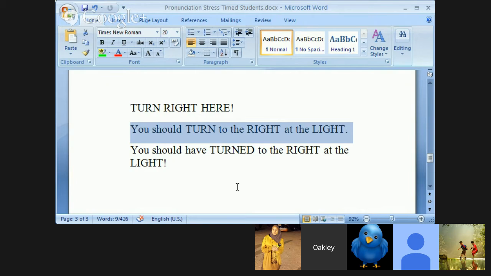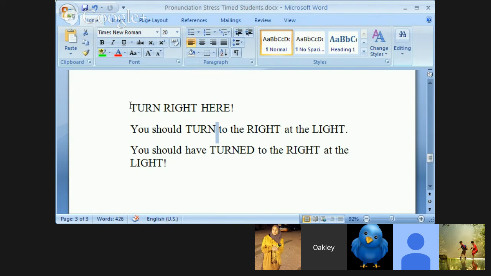You should turn to the right at the light. Okay, that's good. Oh, you've got the idea, you really do. I was very closely joining these function words to the content words. I can clearly hear it. She's also trying as best she can to reduce these function words. You obviously have the concept.